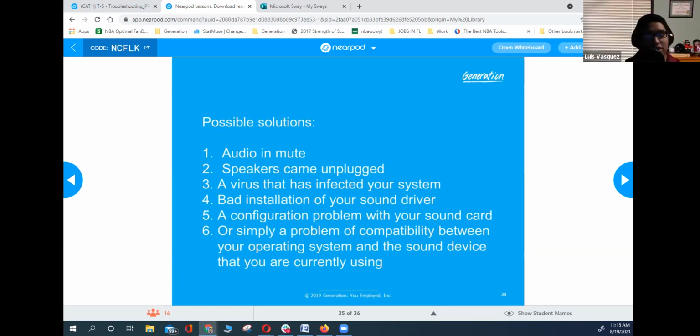Luis, what do you have? Can you go to device manager and install the previous version of the audio driver? Because sometimes when you update something, that update has an issue, and people go back to the previous version because it was working fine. This is totally true. What I've done in the past is literally take the drivers off to force it to find a driver, which could possibly resolve the issue.